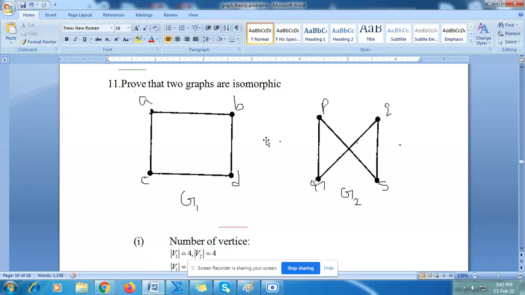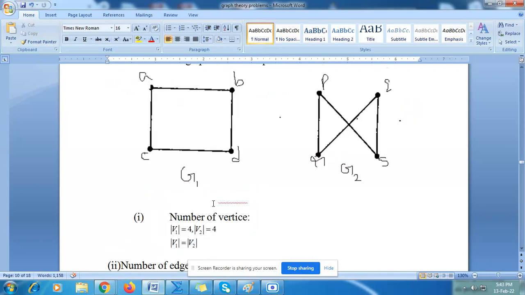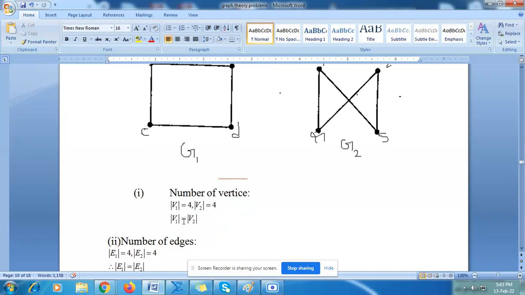To check the isomorphism, first you check the number of vertices in graph 1 and also the number of vertices in graph 2. Here the number of vertices in graph 1 is 4, and the number of vertices in graph 2 is also 4. Therefore, the number of vertices in graph 1 is equal to the number of vertices in graph 2.